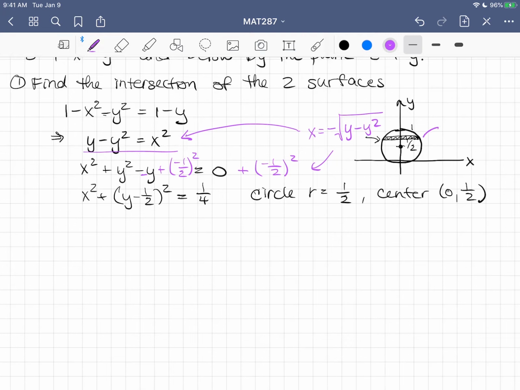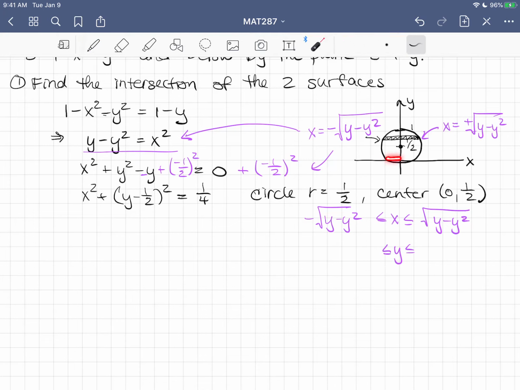All right, and over here on the right, I have x equals the positive square root of y minus y squared. Okay, so what are my bounds on y? x, sorry. x goes from negative square root of y minus y squared to positive square root of y minus y squared. And what about y? Well, as I take those horizontal slices, y ranges from 0 to 1.